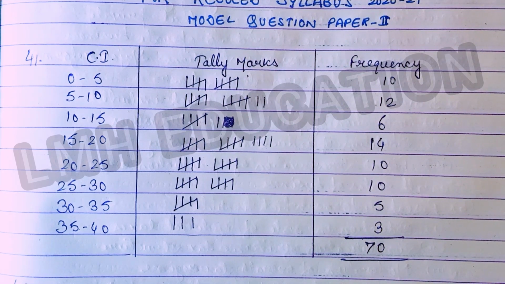Now we will move to the solution of question number 43, in which you have to find Q1, Q2 and Q3 from the data.